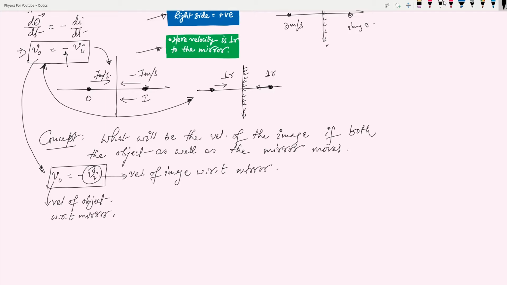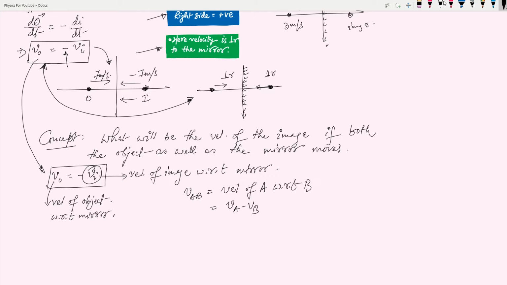Okay, now we know that there is a concept of relative velocity in the chapter of kinematics, where it says that VAB, what does VAB mean? Velocity of A with respect to B, and we know that VAB is VA minus VB, isn't it? I hope this concept is clear. Now we'll use the same concept here.